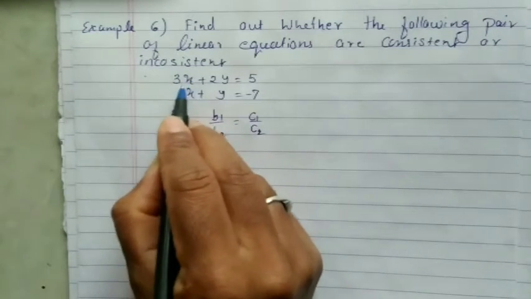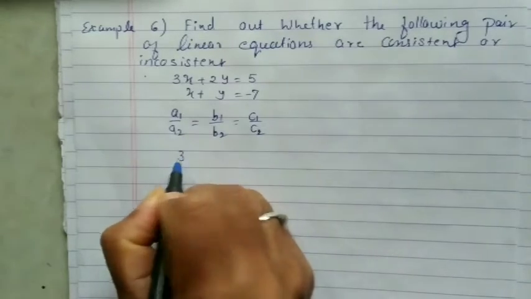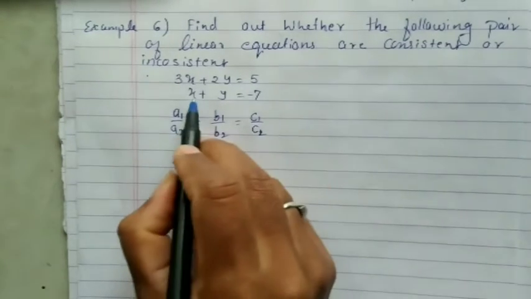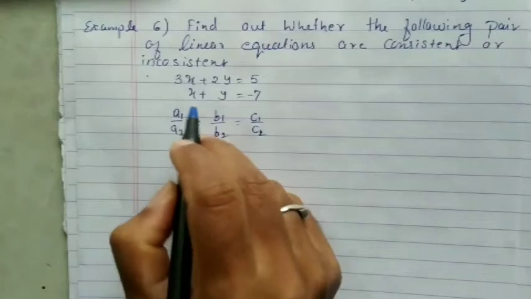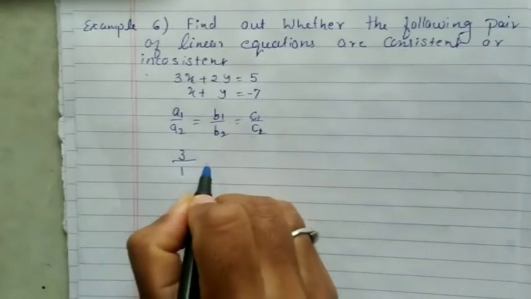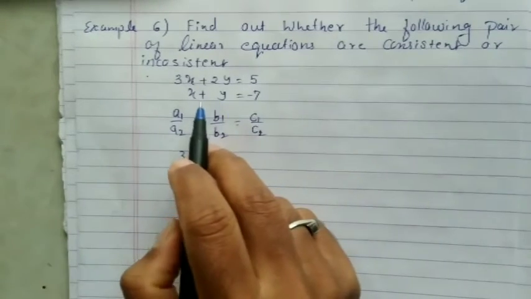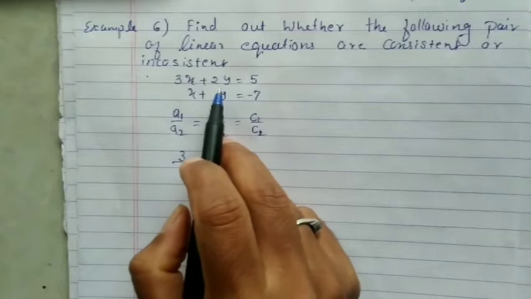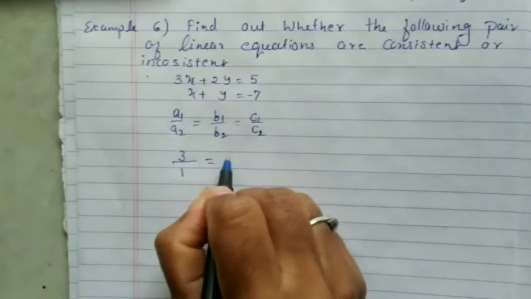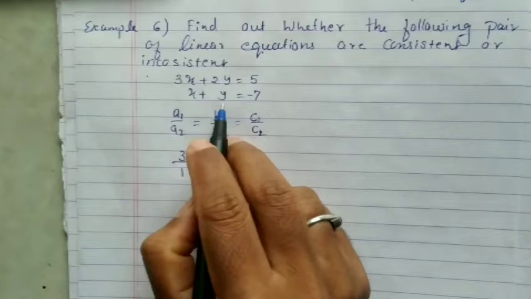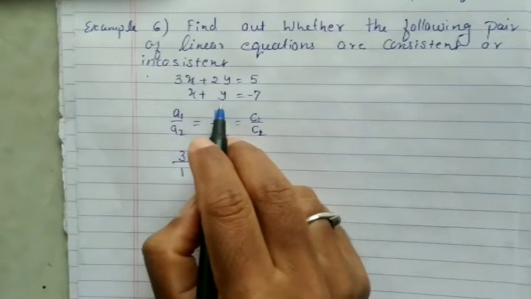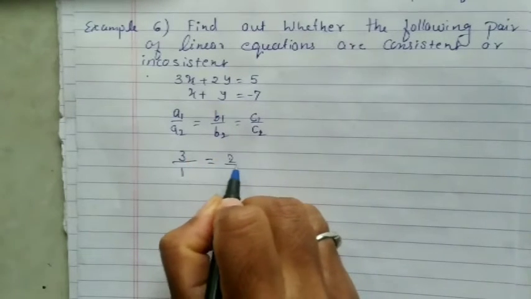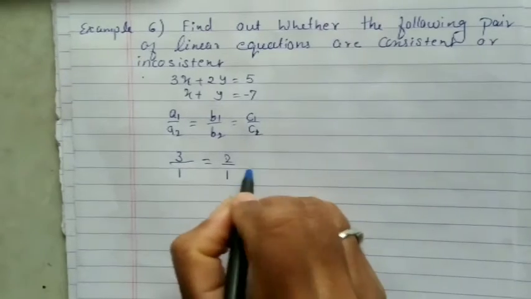See, the coefficient of x will be a1. Coefficient of x in the second equation is a2. It is 1. Coefficient of y is b1, that is 2. And in the second equation also, the coefficient of y, that is b2. So here no value is there, means it is 1.